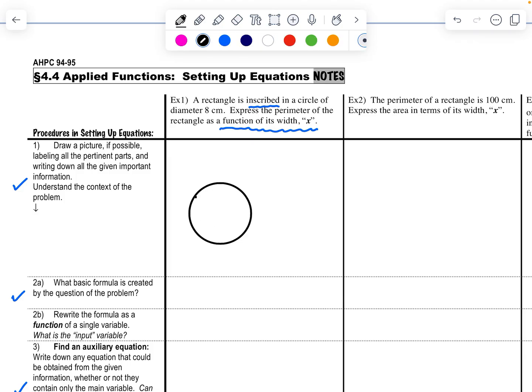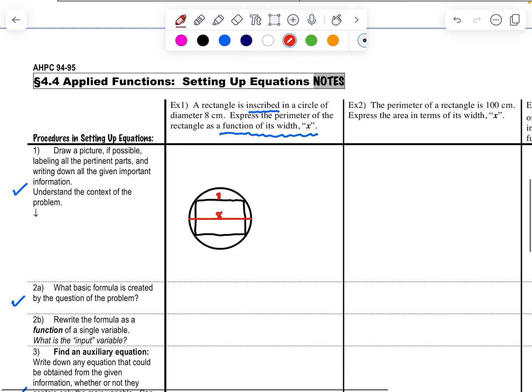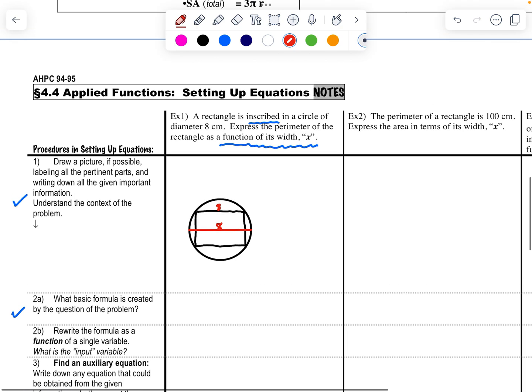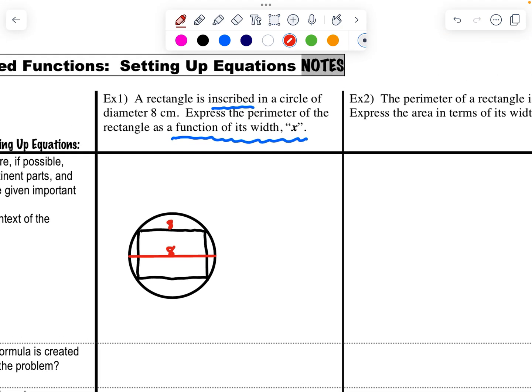All right, so some of you may do this, which is fine. But then when you go to do the diameter is 8, you're going to do this, or you're going to put the 8 up here. Now, what's wrong with this is the fact that the diameter that you're drawing has nothing to do with the rectangle.